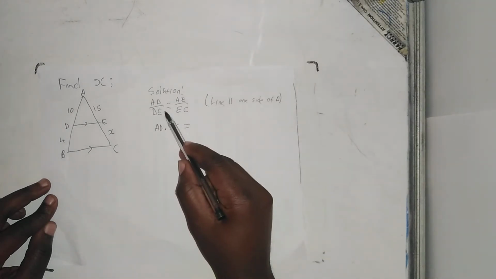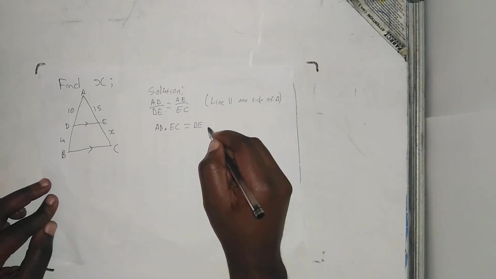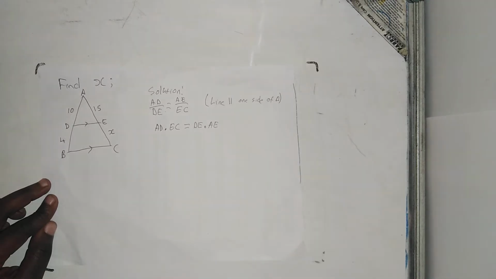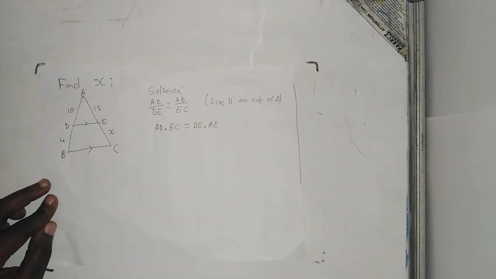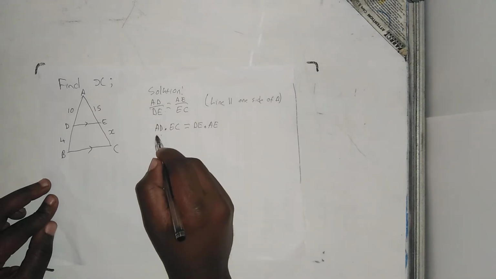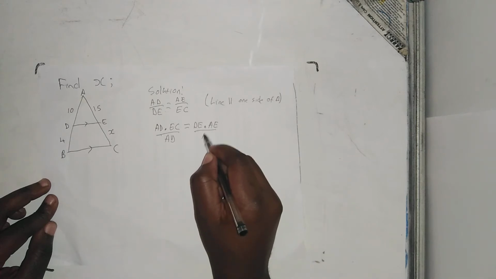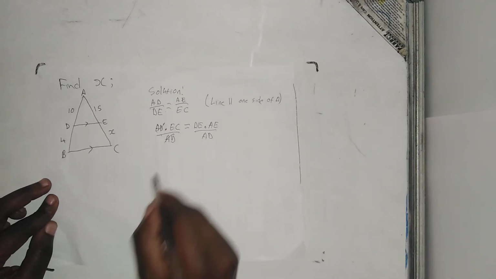And then if you multiply this and this, you're going to get DE multiplied by AE. Remember, you are looking for EC to be the subject of the formula so that you can find what you are looking for. So what are you going to do? You're going to divide by AD here and then divide by AD here as well. Then this will cancel this, and what are you going to remain with?